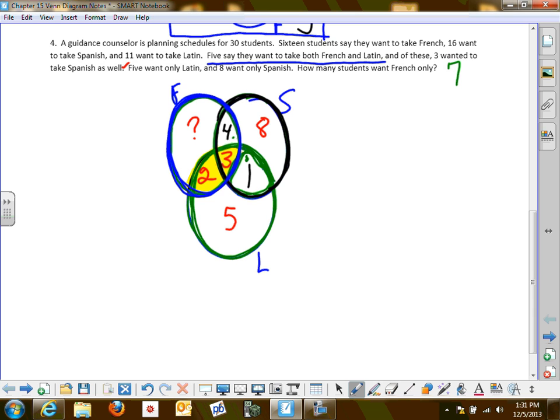The entire French circle is 16, so what's in there currently is 9. Therefore, what's left is 7. Boom, boom, boom. So, how many want only French? And that answer is 7.